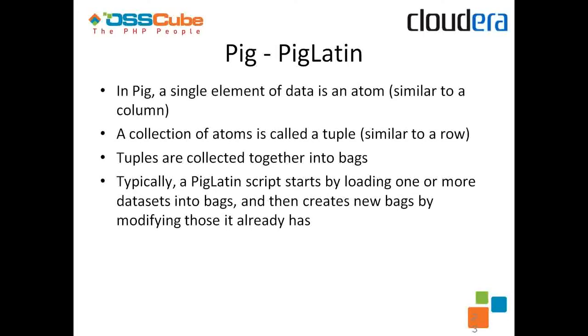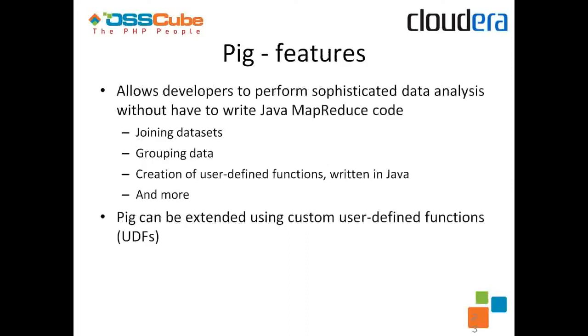You create a bag, then you perform some operations on that bag, which produces new output, and that new output you store in a new bag. Then you do some processing on that bag, and you store the output in a new bag. In that way you flow through all your operations until you ultimately get your final result set.